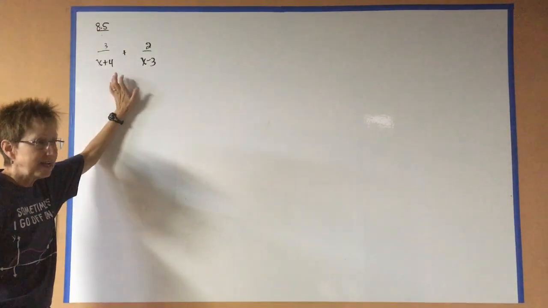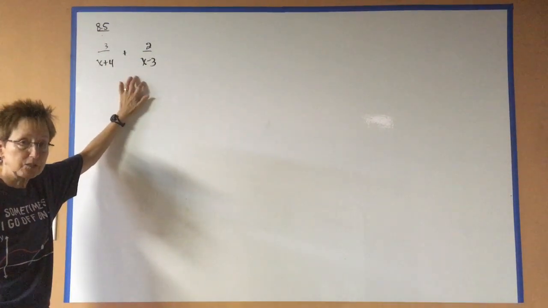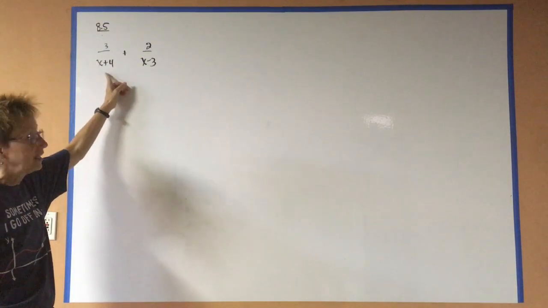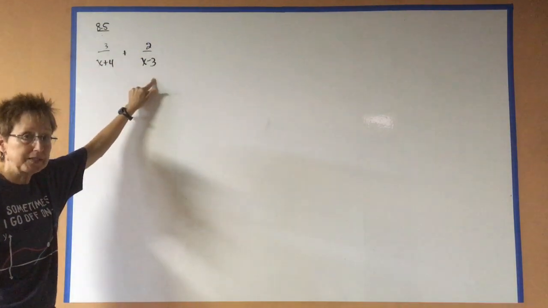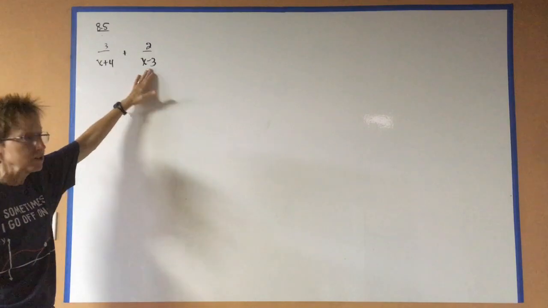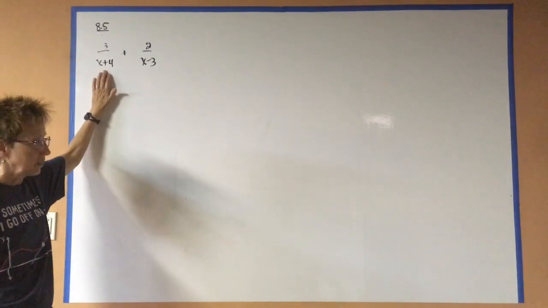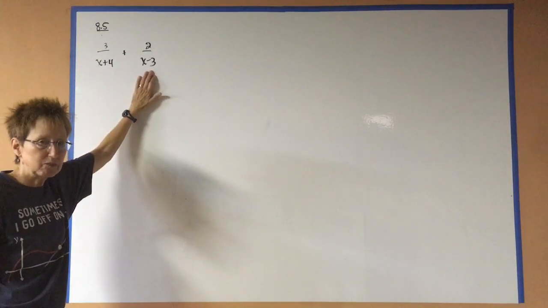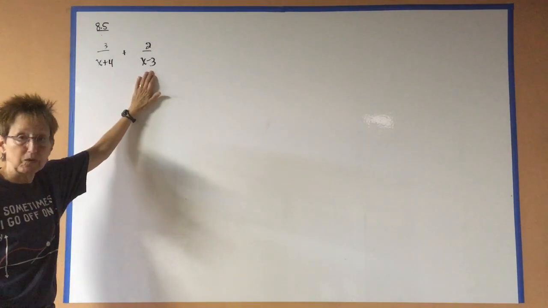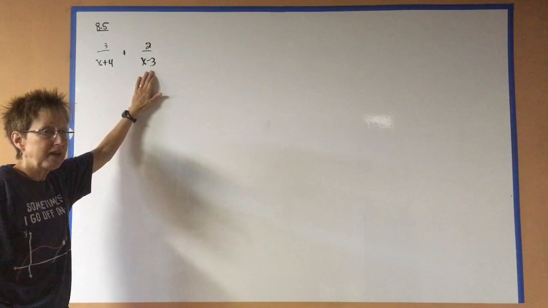In the past, if I asked you to add these, what would you have to do? You'd have to get a common denominator, right? So you'd look at the factors and compare. Can I factor x plus 4? You tell me no. Can I factor x minus 3? You tell me no. They're both linear already, nothing to factor.